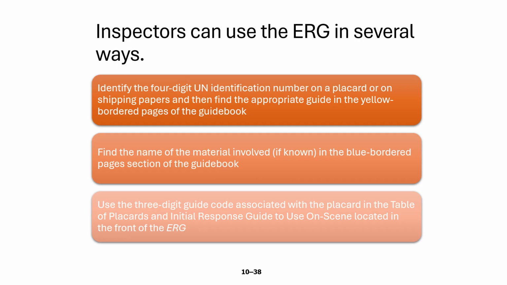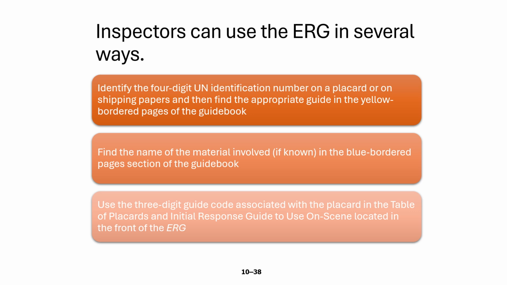So you might ask the question, how does the inspector use that ERG guidebook? Well, you can start by identifying the four-digit identification number on a placard or the shipping papers, and then find the appropriate guide in the yellow bordered pages of the guidebook.